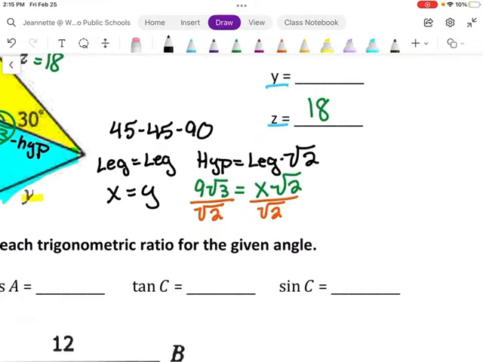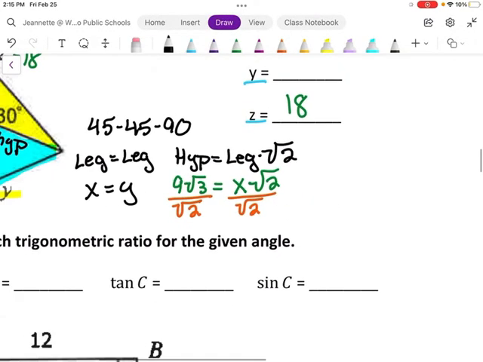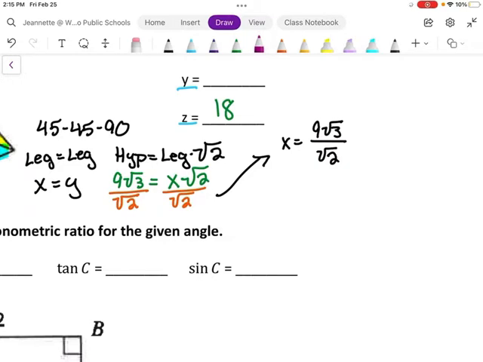And when you have this, remember you can't leave the square root in the denominator. So we know that x is equal to 9 square roots of 3 over the square root of 2. But because we can't leave that square root of 2 there, we're going to multiply both the top and the bottom by that square root sign.